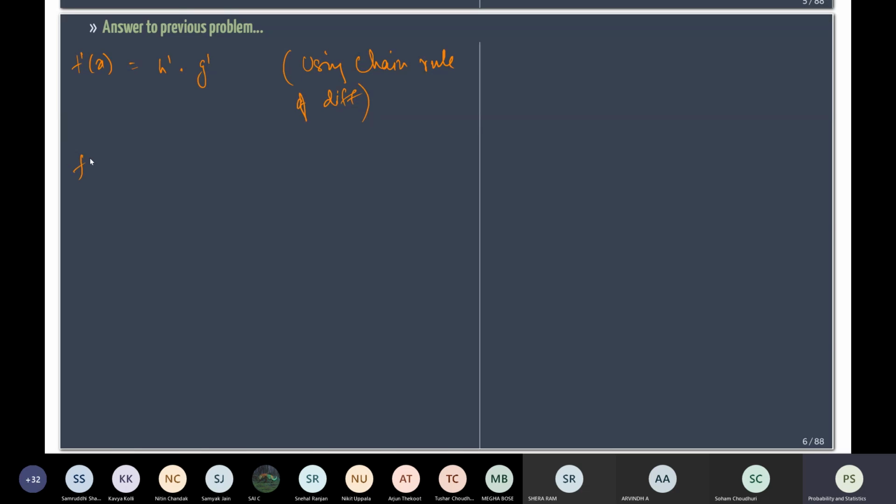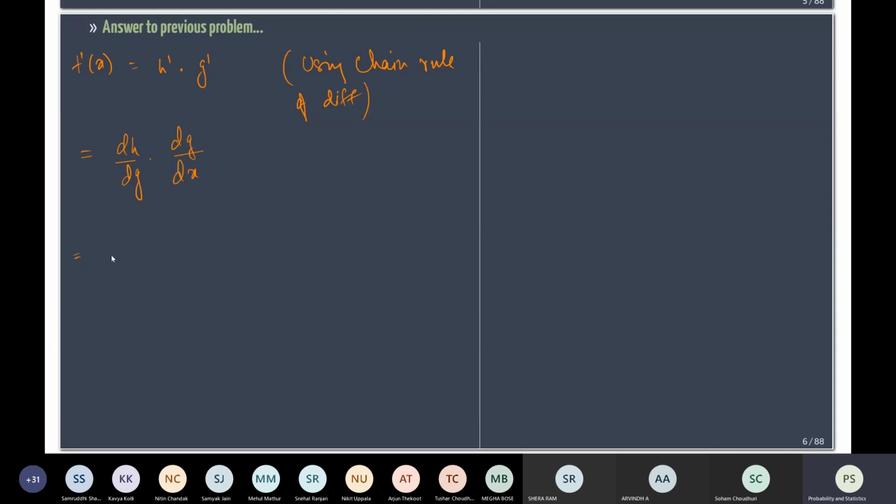But we need a double derivative for the double derivative test, so it will be a bit more involved now. Let me do it a little more clearly. What we had was dh by dg times dg by dx.